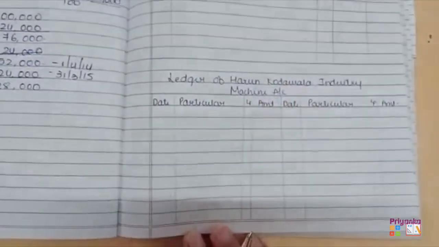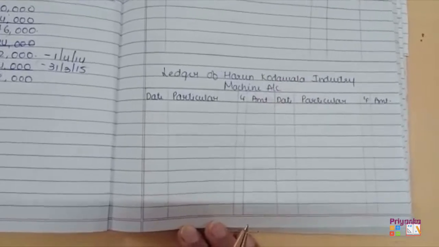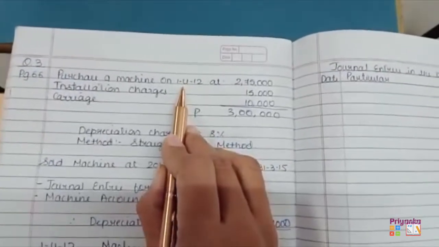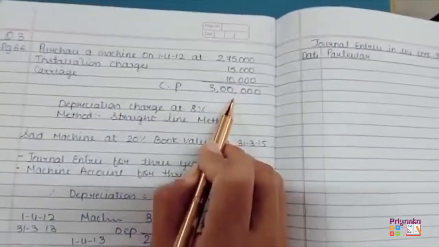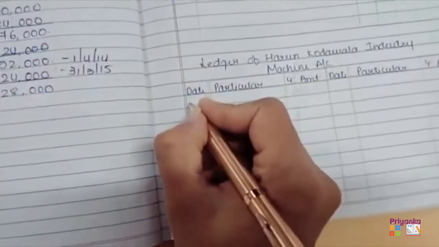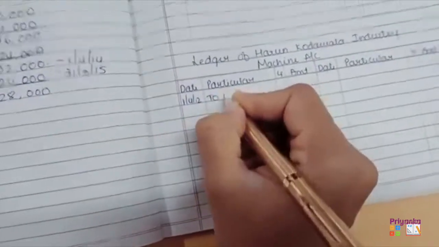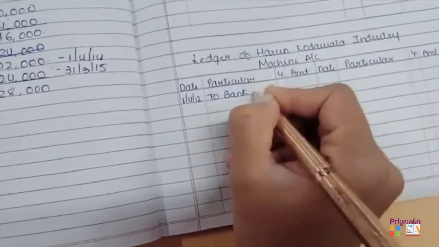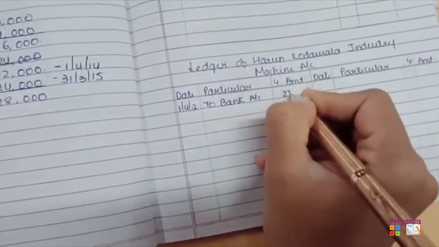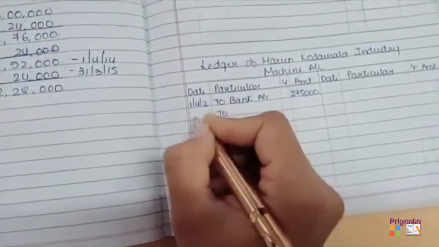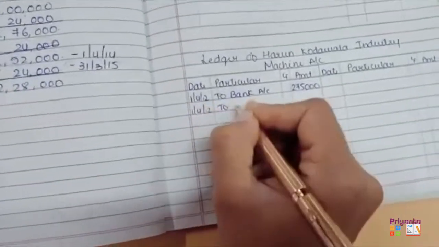So now in the machinery account, here we are going to write for the 3 years. So first we'll write the date which was given at the beginning, that is 1/4/2012, with the cost price of the machine. First we'll write the main amount of the machinery purchased, that is 2,75,000, and the extra expenses will be with the cash account.